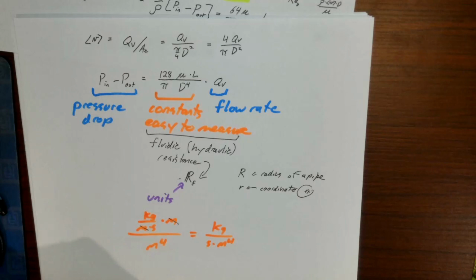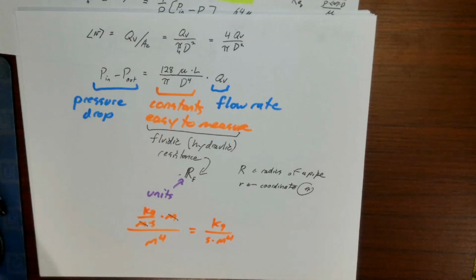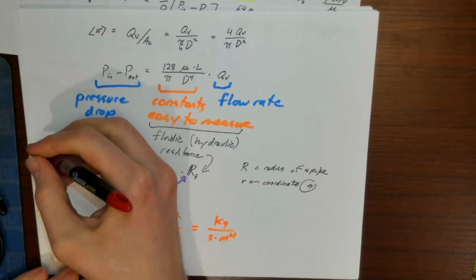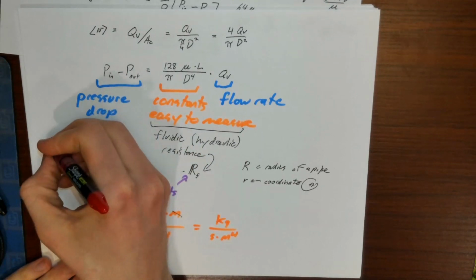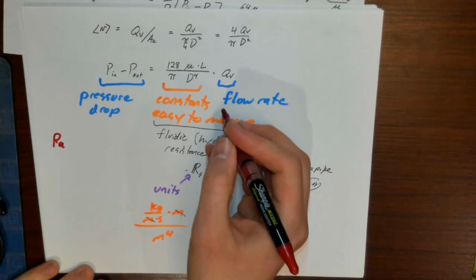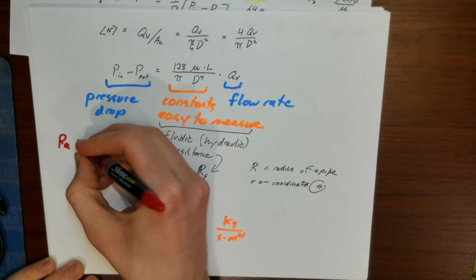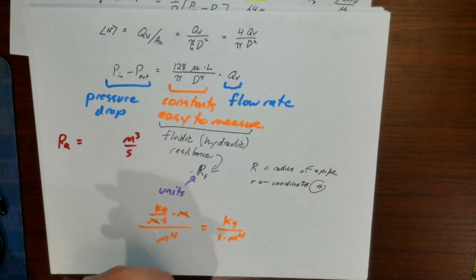I'm going to be honest, this is not particularly intuitive or particularly helpful. Instead, I'd like to offer an alternative way to think about the units. On the left-hand side, we're basically going to have pressures, which are going to have units of pascals. On the right-hand side, we're going to have units of volumetric flow rate, which is going to have meters cubed per second.